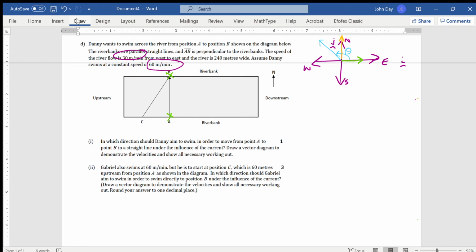So that means, first of all, I've got the swimmer. Now the swimmer is swimming at 60 cos theta in the I direction and 60 sine theta in the J direction, right? That's the swimmer. And then the next vector that we're talking about is we've got the river running, and the river is running at 30 cos 0 in the I direction and 30 sine 0 in the J direction.